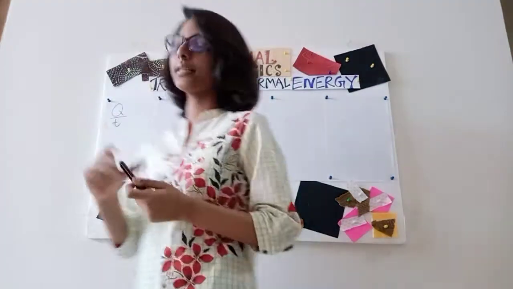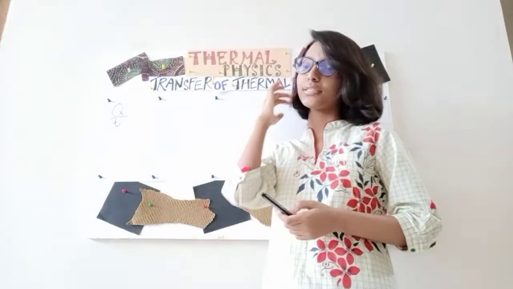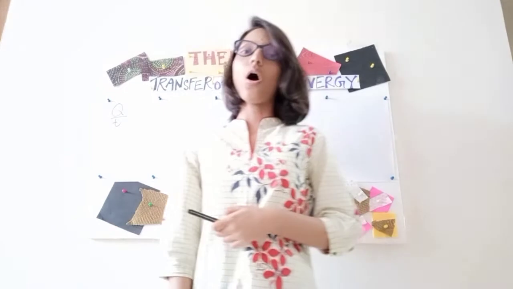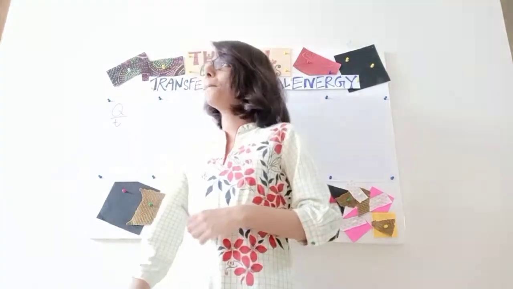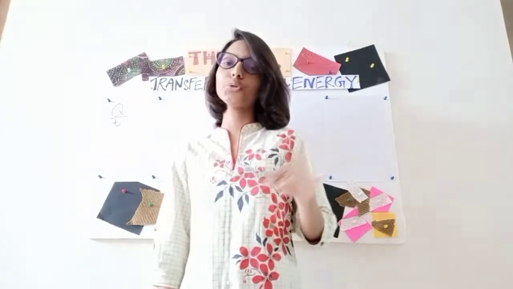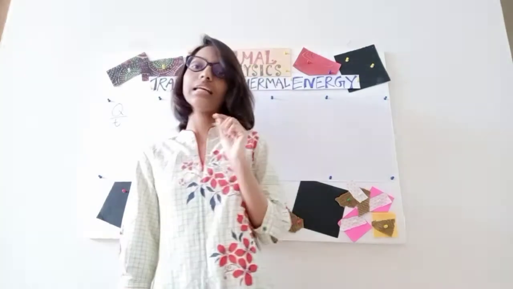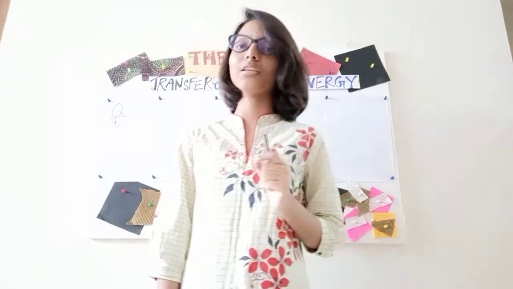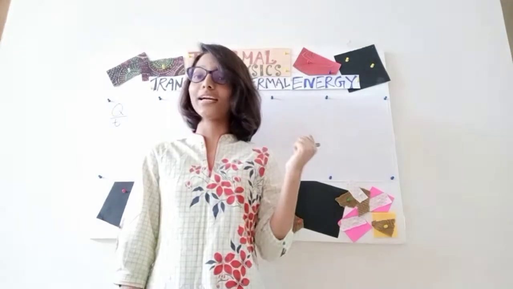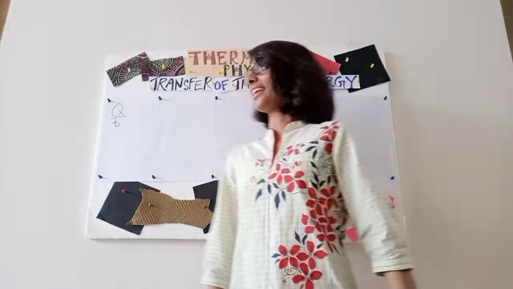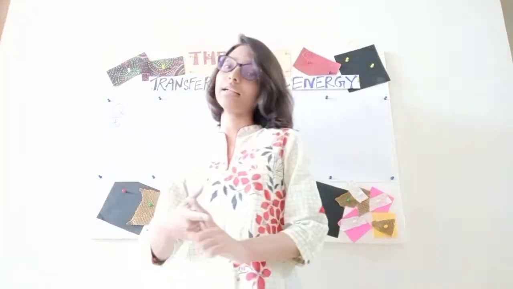So this is basically the rate of transfer of heat. By now, I think you have understood that there are some factors that determine the transfer of heat by conduction.